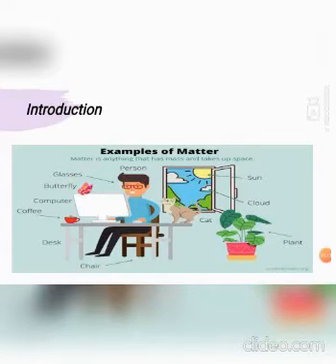Here the things which you see around the person are all said to be matter. Matter means everything that we look around us. For example, pen, paper, pencil, desk, mobile phone, everything is said to be matter.